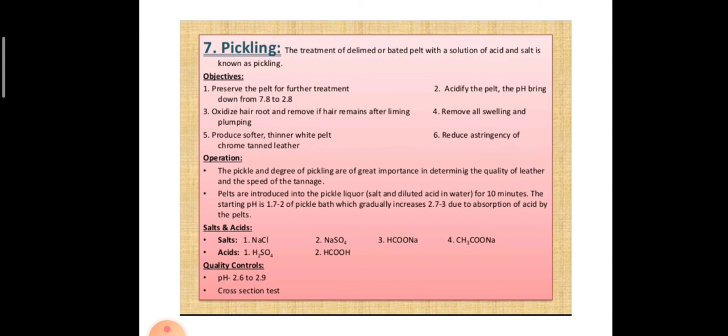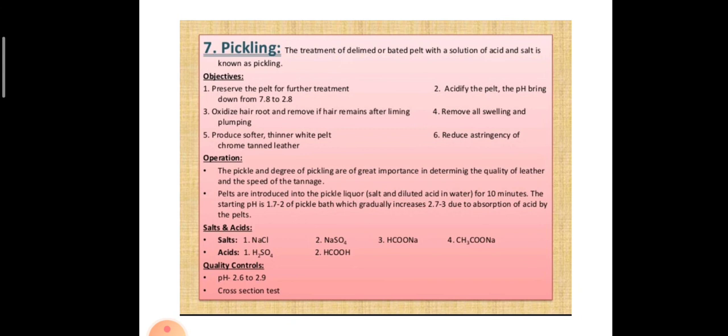Next, to oxidize hair roots and remove their remains after liming. And the fourth one, remove all swelling and plumping. Fifth one is to produce softer, thinner white pelt, and reduce astringency of chrome tanned leather.